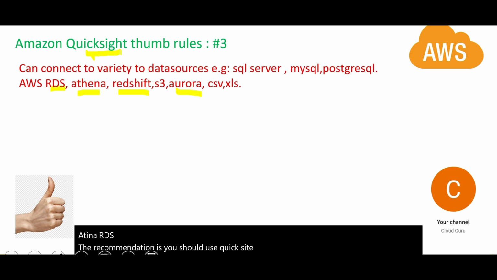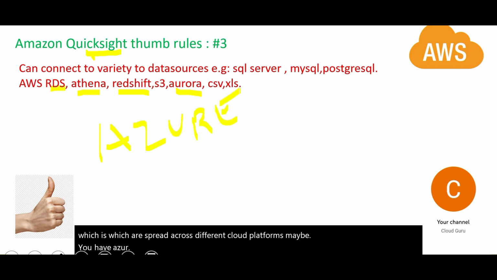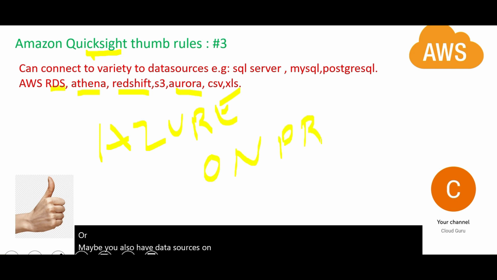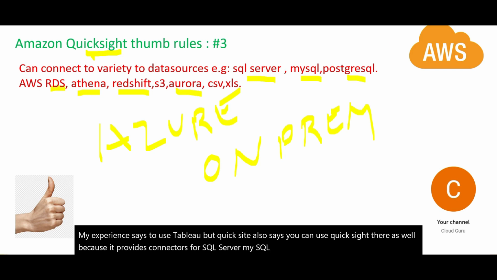But if you think you have data sources which are spread across different cloud platforms, maybe you have Azure, or maybe you also have data sources on-prem, okay, if that is the case, my experience is to use Tableau, but QuickSight also says you can use QuickSight there as well because it provides connectors for SQL Server, MySQL, Postgres, and so on.